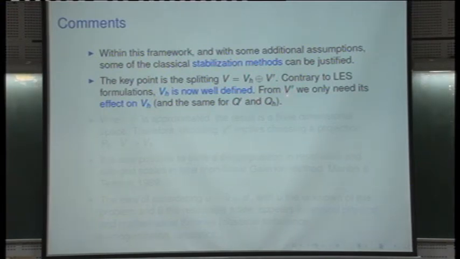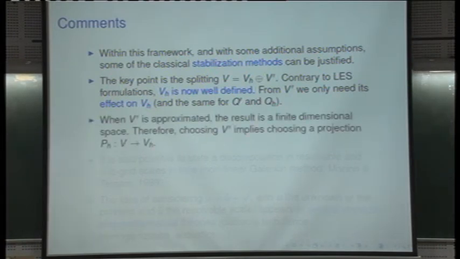And from the subscales, we only need their effect on the finite element solution, and the same for the pressure subscale. We only need the effect of the subscales on the large scales, okay, on the finite element scales. When we approximate the space of subscales, we have seen one approximation, but we will see another one now.